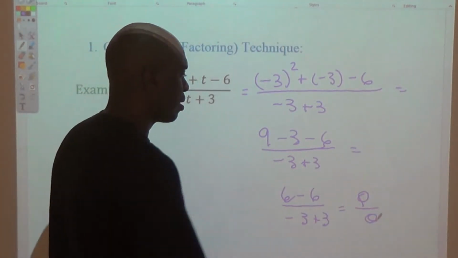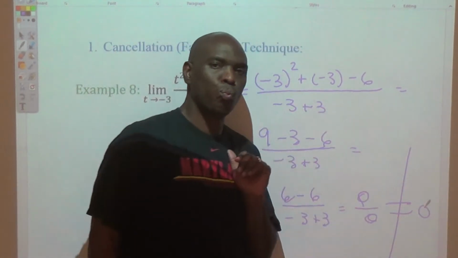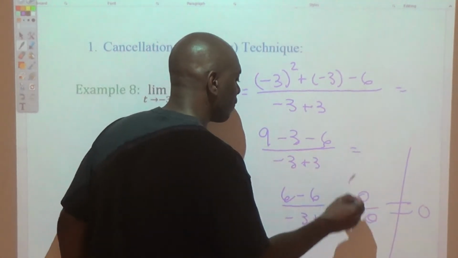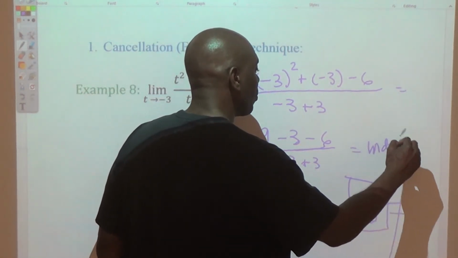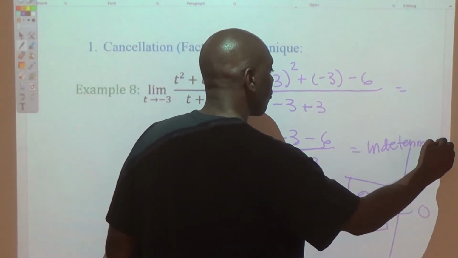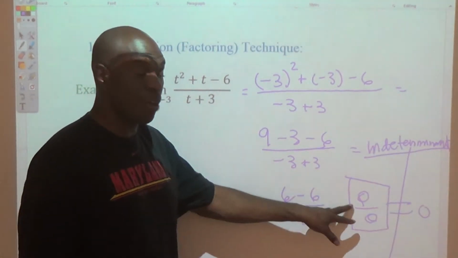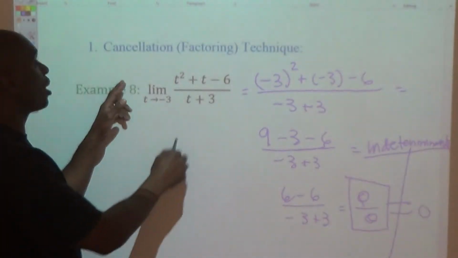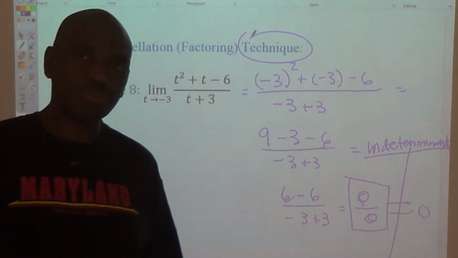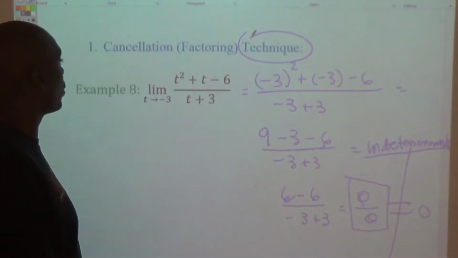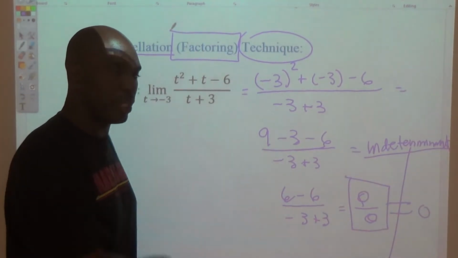Not true. 0 divided by 0 does not equal 0. 0 divided by 0 is what we call indeterminate. And so when we have the indeterminate case, we have to use other techniques to find the limit. And the first technique we're going to look at is called the cancellation or factoring technique. Let's go get it.